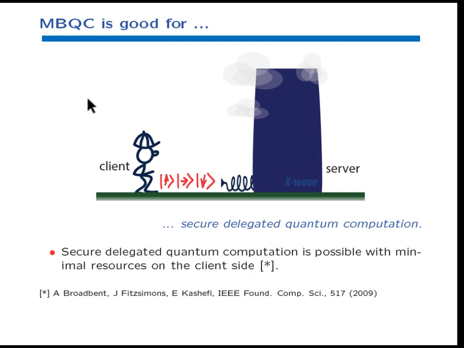All you can do is prepare 1 qubit quantum states, one at a time, and send them through your quantum internet modem connection to an all-powerful quantum server that then promises you to do a quantum computation for you. But maybe you are a little distrustful. So maybe you want to be able to check that the server is indeed doing what you ask it to do. And furthermore, you want to keep secret what you are computing.